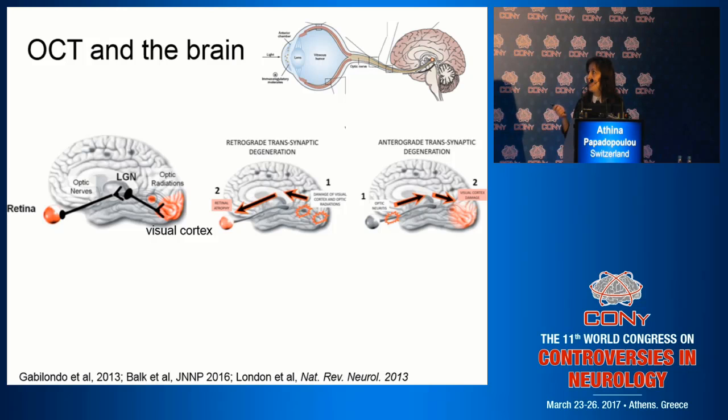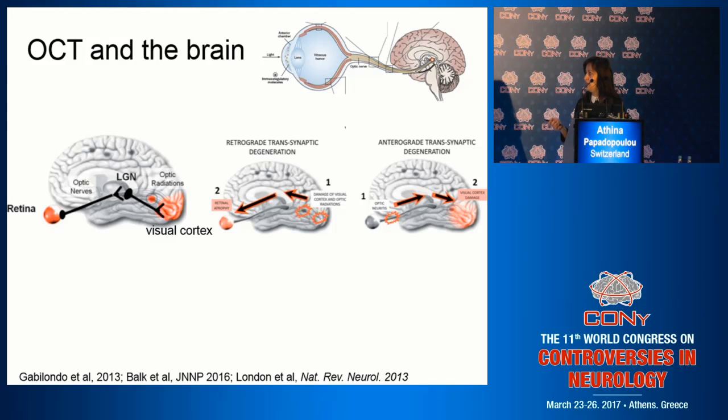I just wanted to mention that this is a hot discussion, that indeed the eye is a window to the brain, so the changes that we measure in the retina might reflect changes that we have in the brain, especially in the visual pathway, in the posterior visual pathway. So there is this theory of transsynaptic axonal degeneration, which says that if we have damage here in the optic nerve and loss of axons and neurons here, then this shows a kind of domino effect.